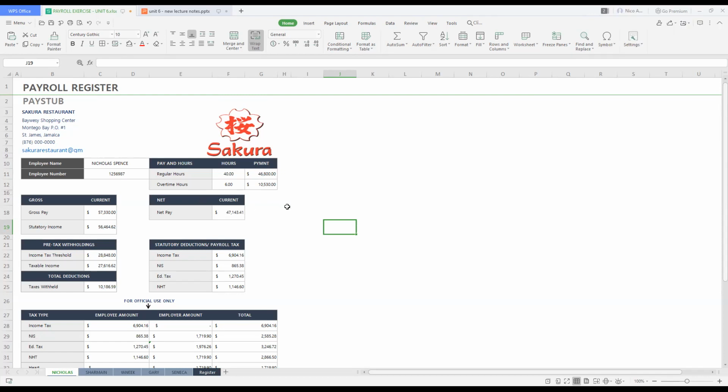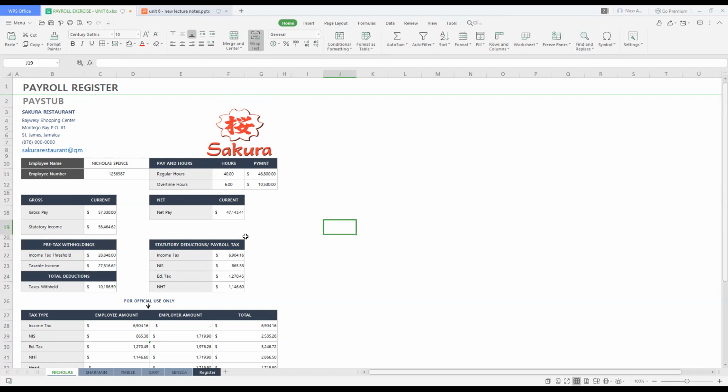And then times that by the 6 hours overtime, which is $10,530. So you add the regular pay to the overtime pay to get the gross pay: 46,800 plus 10,530 is equal to $57,330. So that is the gross pay.